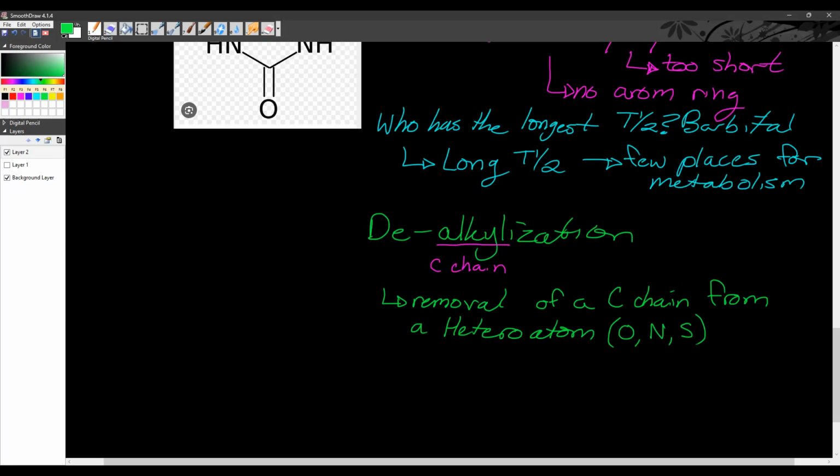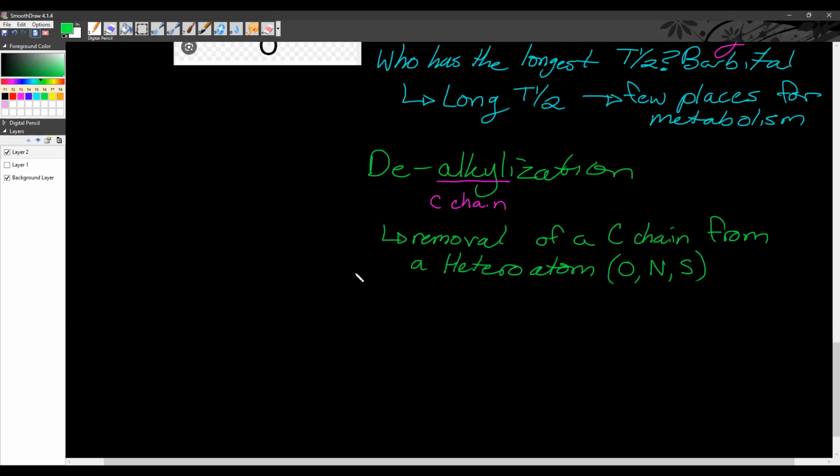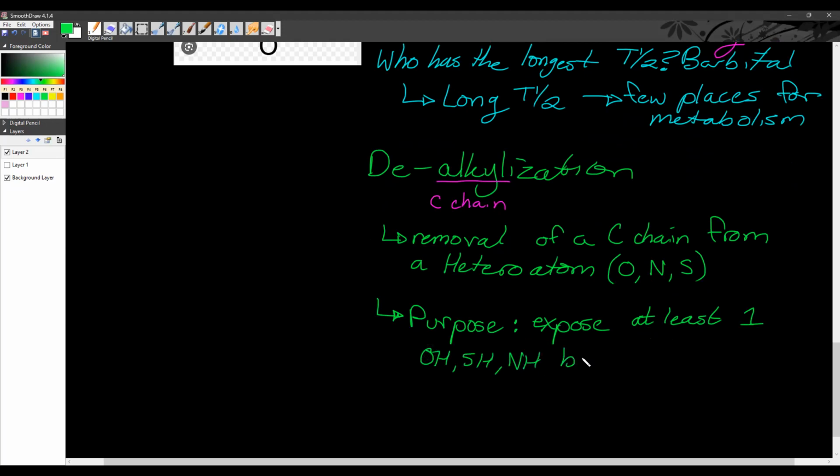The purpose of dealkylation is to expose at least one OH, SH, or NH bond. Why? Because then it can undergo phase 2 metabolism.